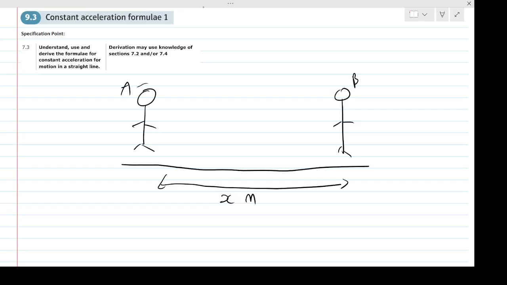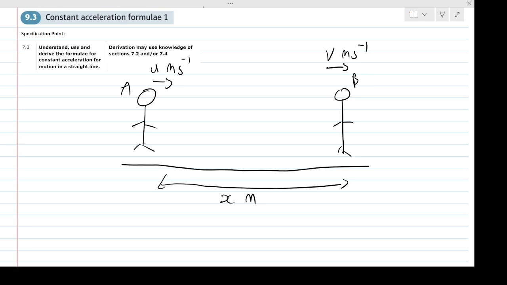And initially, at point A, they are walking or moving forward with an initial velocity u, so u meters per second. Then at point B, they now have a velocity, a speed of v meters per second.